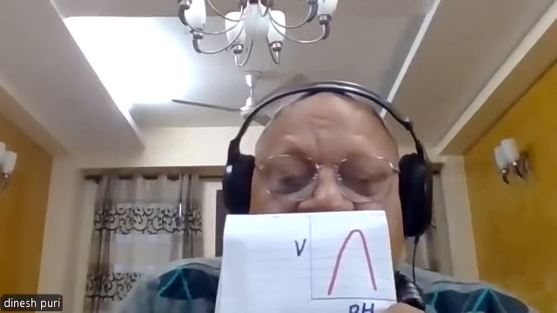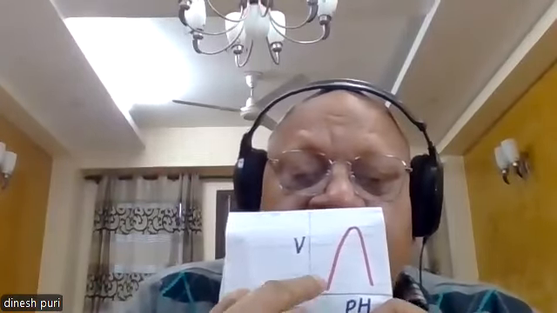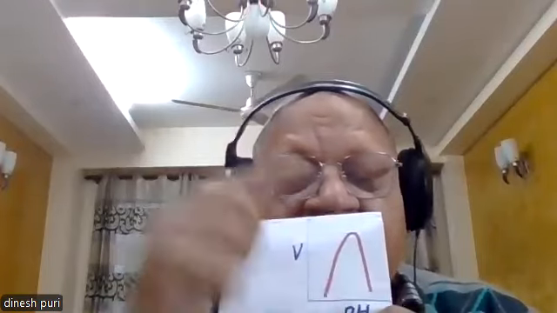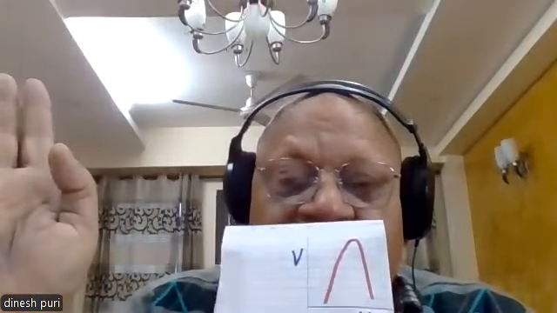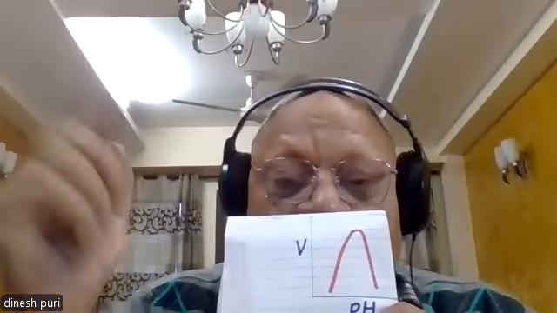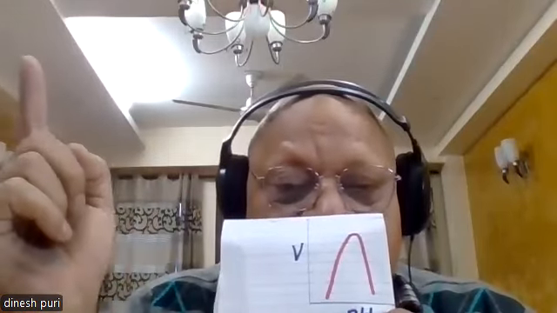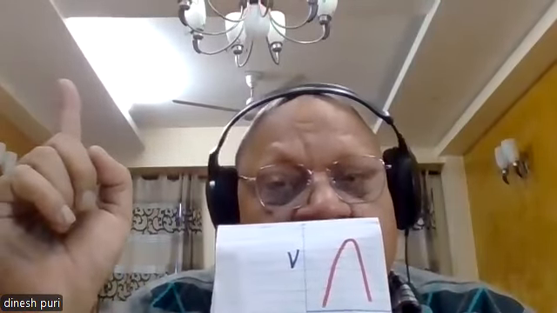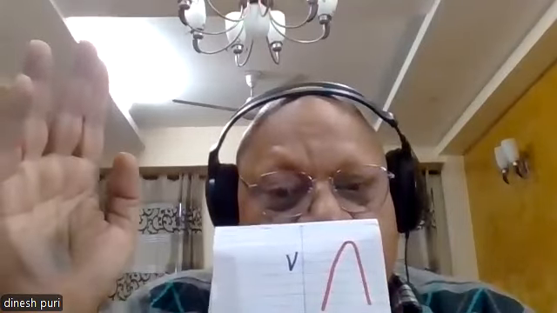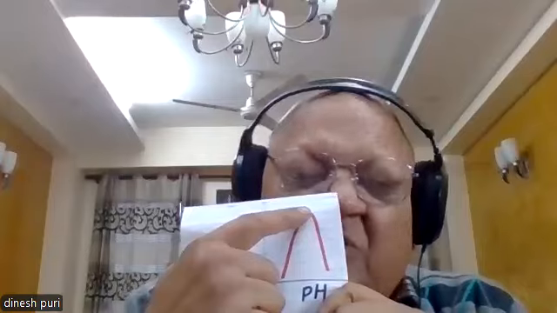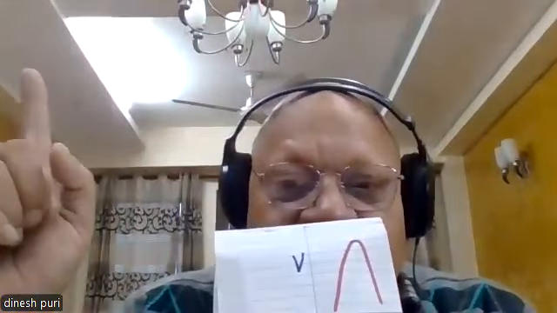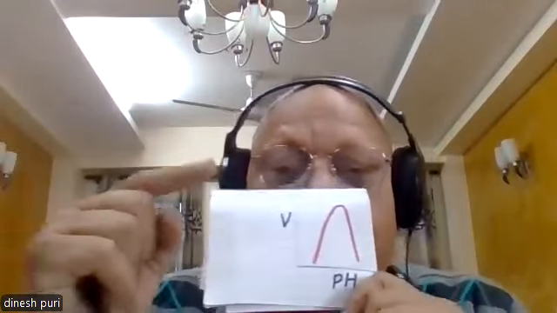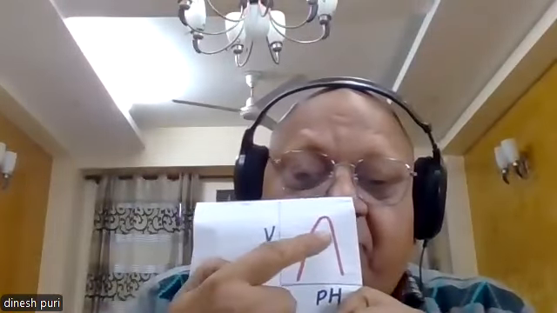Now we come to the second factor. This is the bell-shaped curve, which most of you are able to very correctly answer and draw. But what is the reason? Much like every enzyme has an optimum temperature, every enzyme also has an optimum pH.